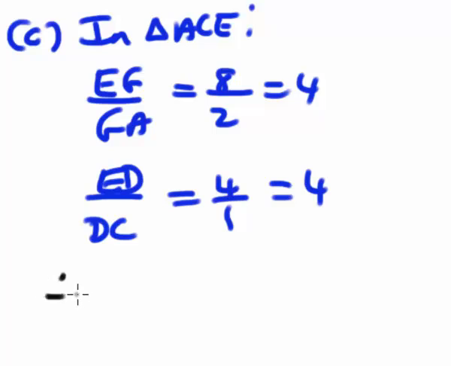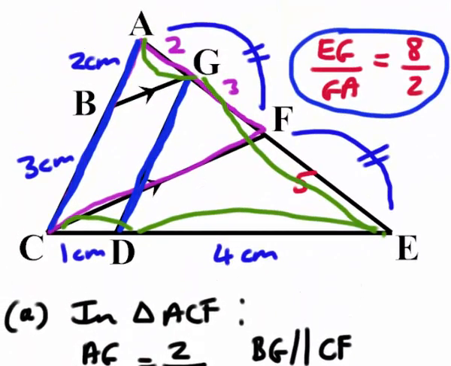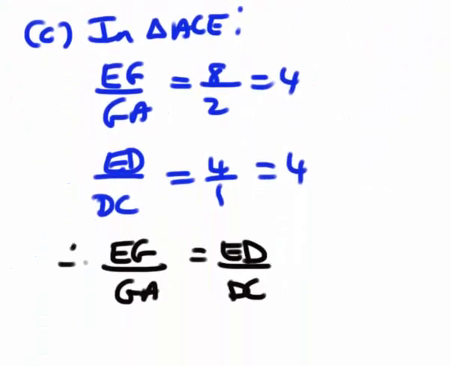We can say, therefore, EG over GA is ED over DC, and therefore, we can immediately conclude that DG is parallel to CA, because the line divides the sides proportionally.